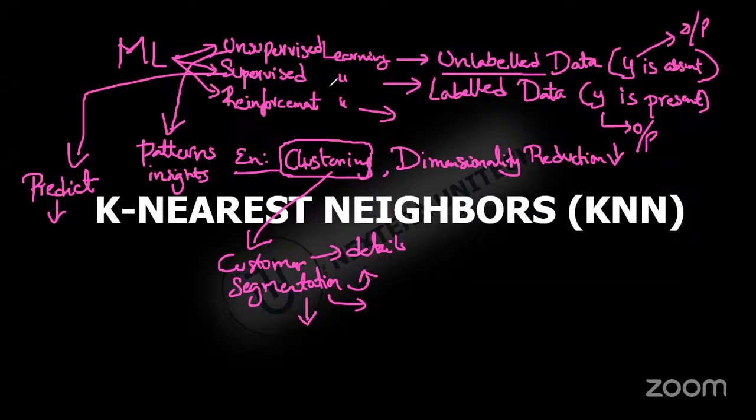Predictions can be done. Examples are classification algorithms and regression algorithms.